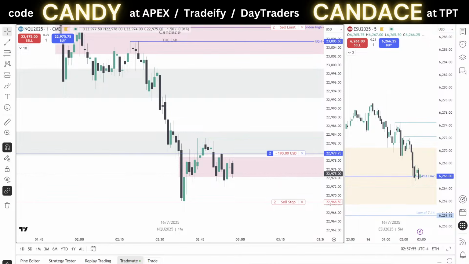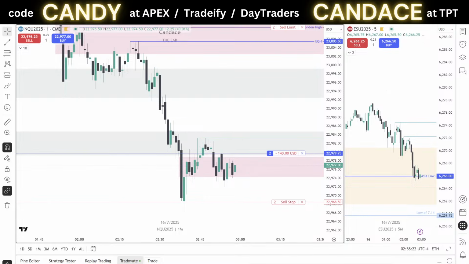Okay, it's coming down now. We'll see if it's gonna hit my stop loss or what. Do you consider momentum? Yes. What would be an A plus trade for you?